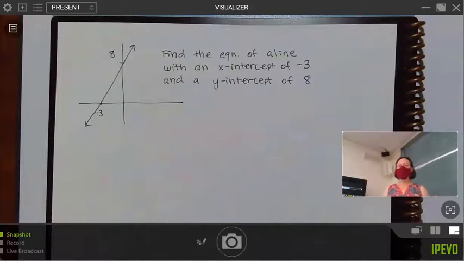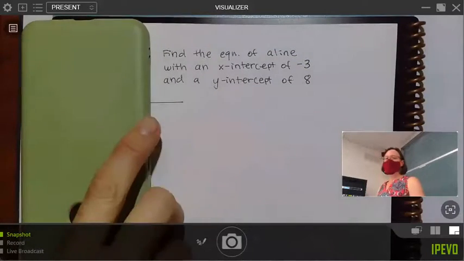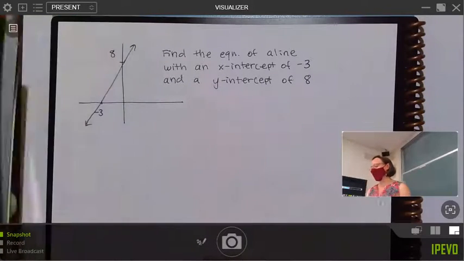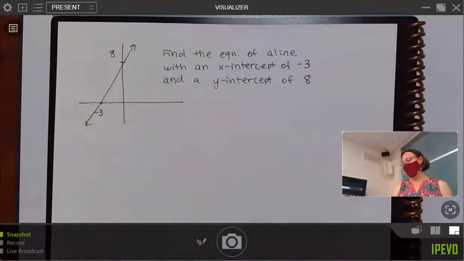I could give this to you with a picture or without a picture, either way. So even if I didn't give you a picture, we could still work with it from this: find the equation of a line with an x-intercept of negative 3 and a y-intercept of 8.